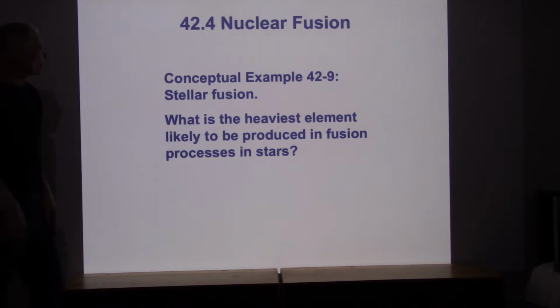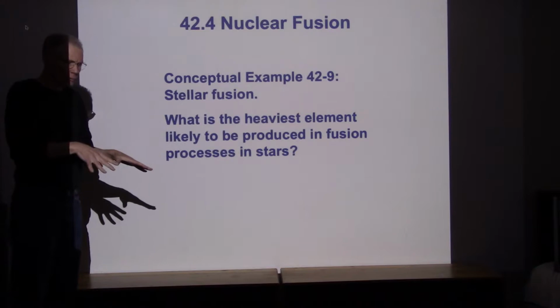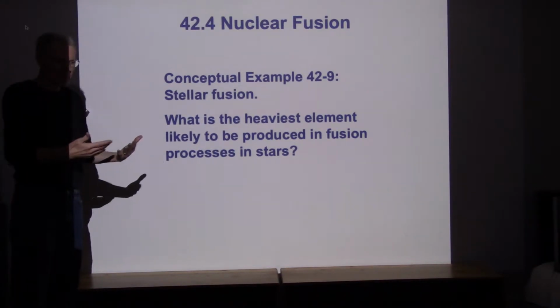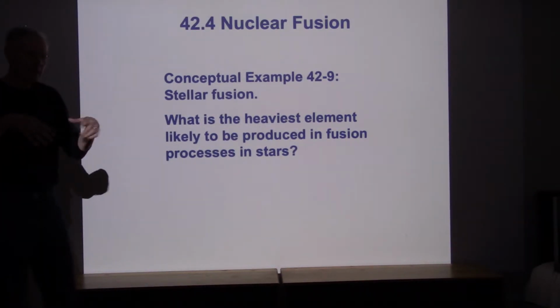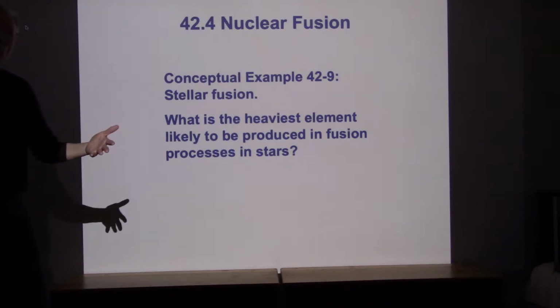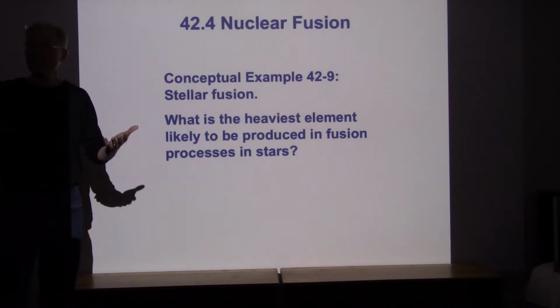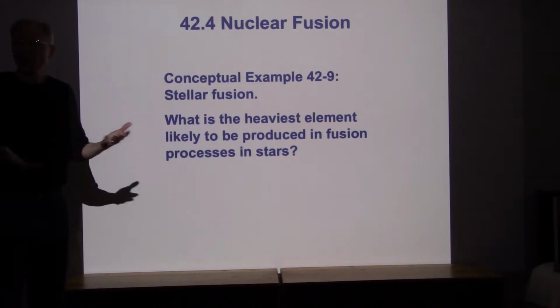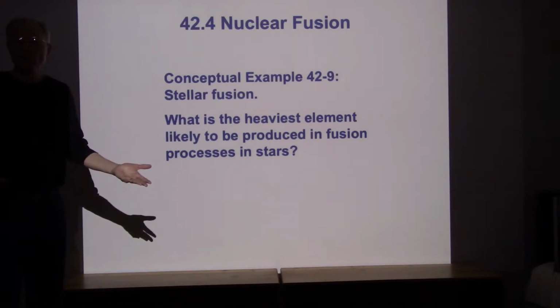And so if we start with the simplest elements, the simplest isotopes, and keep adding more protons and neutrons on, we can keep releasing energy all the way up through iron-56.